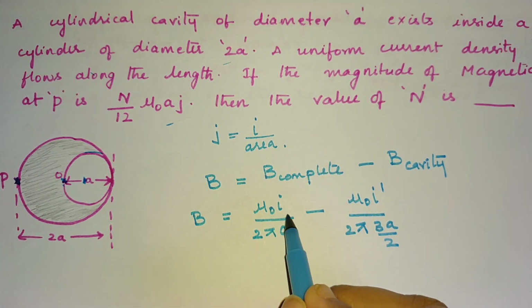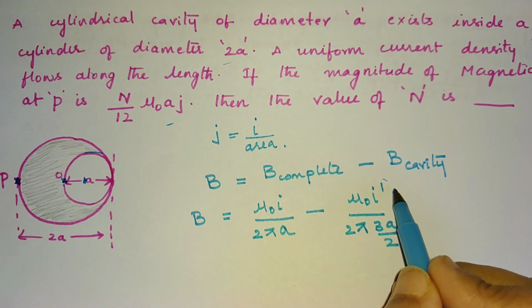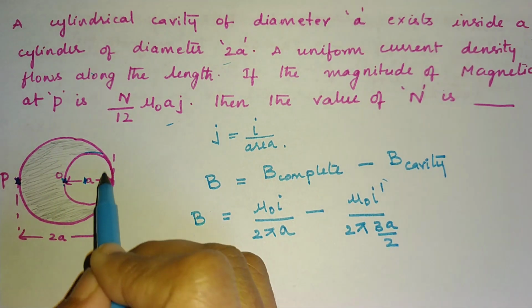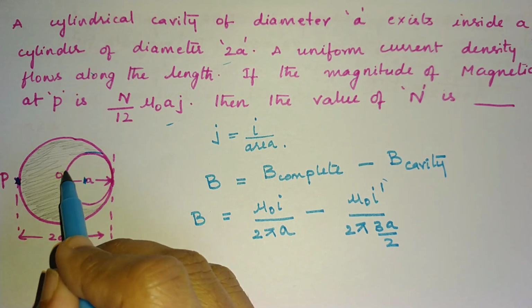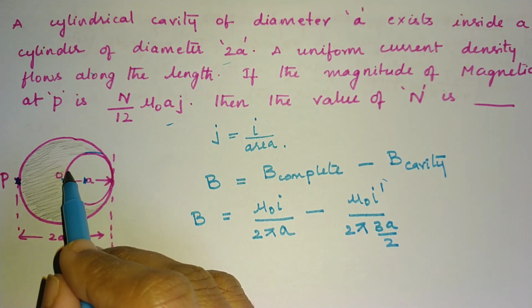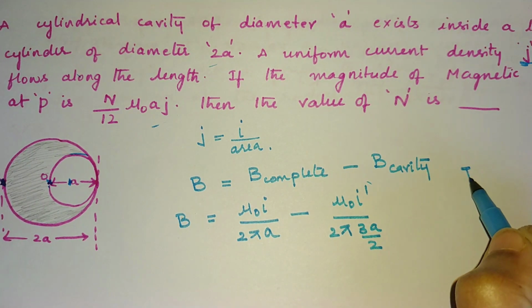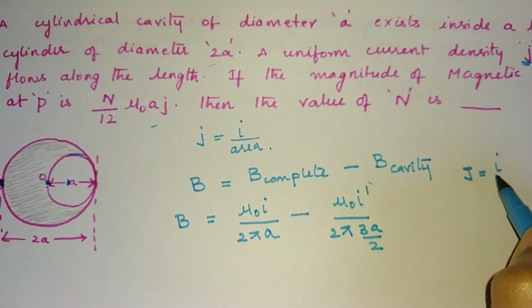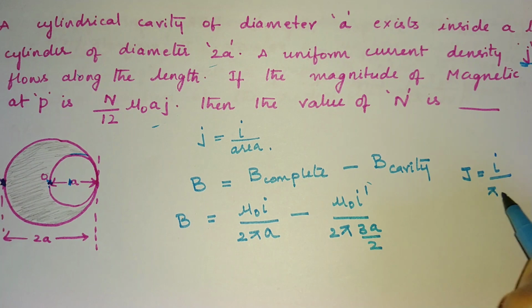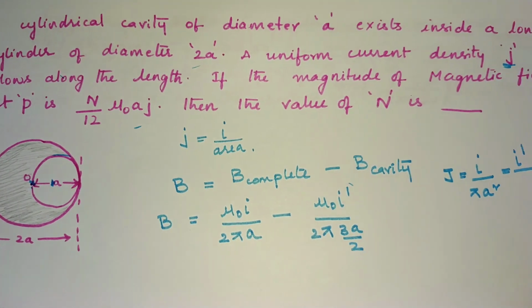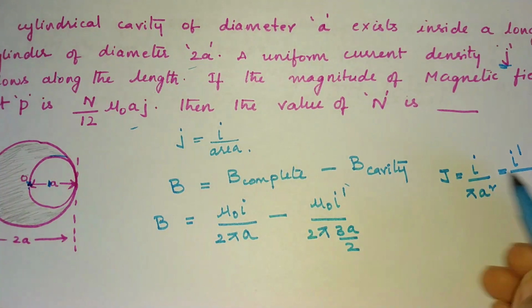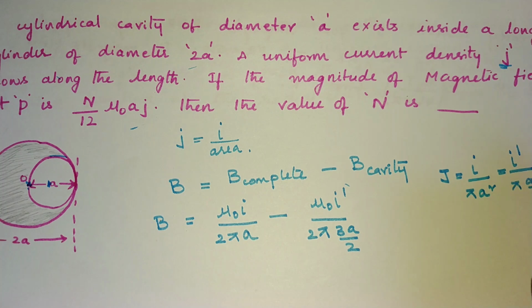Now we need to find out what I and I dash are. I is the current in the complete conductor. I dash is the current in only this cross-sectional area. Since J is constant, I can write J as total current by total area of cross-section, that is pi a square, which is also equal to I dash by, current for the smaller conductor, pi into A by 2 whole square.